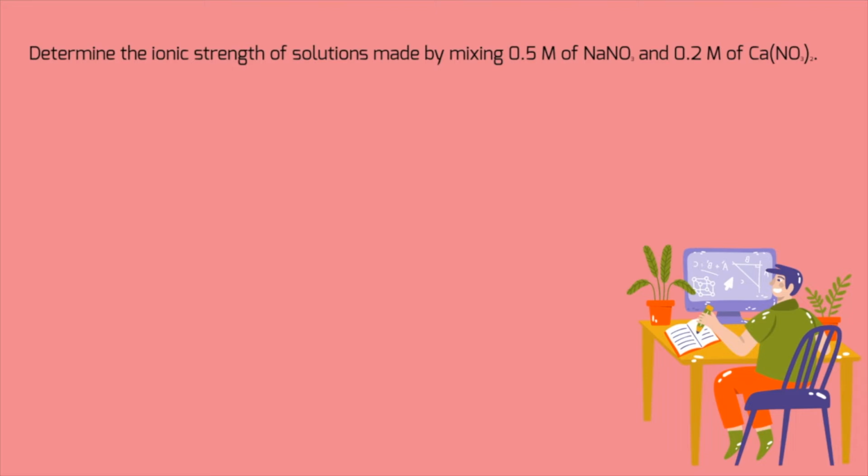Determine the ionic strength of a solution made by mixing 0.5 molar of NaNO3 and 0.2 molar of Ca(NO3)2. How are you going to calculate this? By using the formula.